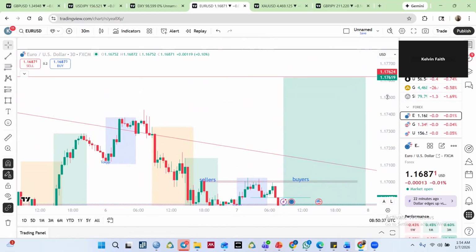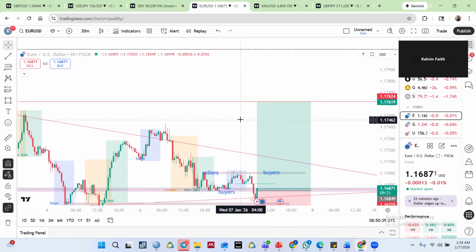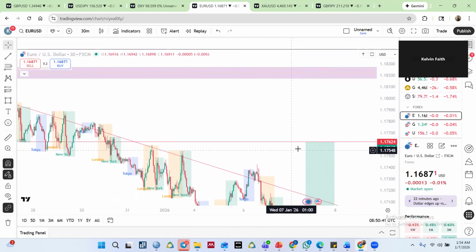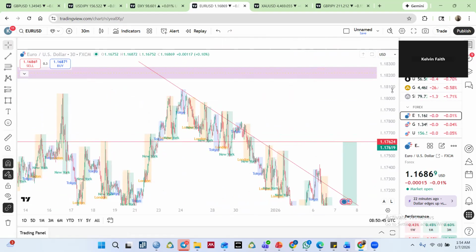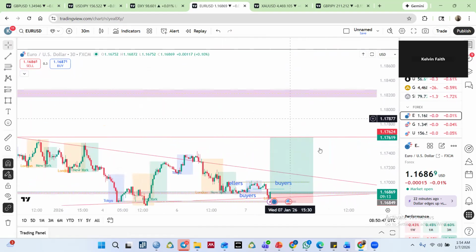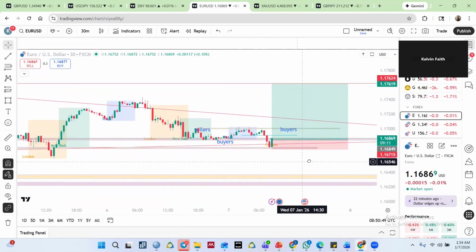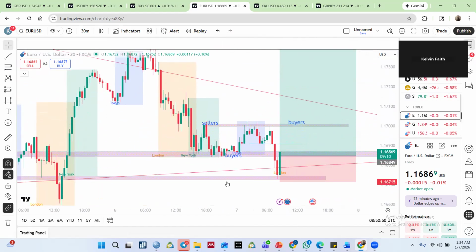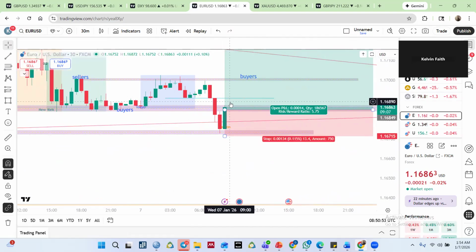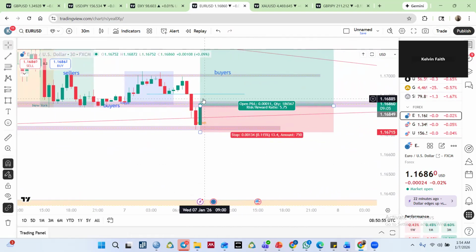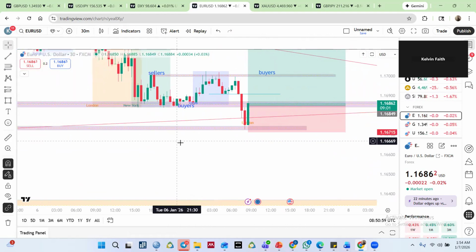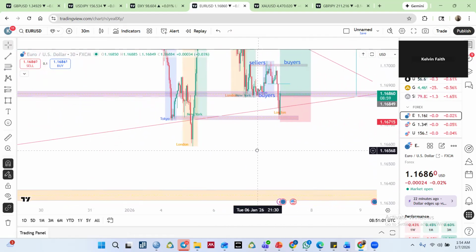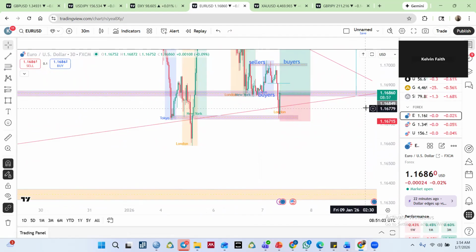I'll keep looking for this market to go up more than this, but at least I'll be targeting just this area for this trade. But if price does not give that reaction here and it drops down and closes below this area where the stop loss is, then what I'm going to do is look for sells.